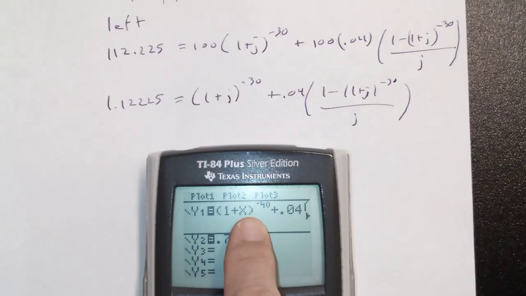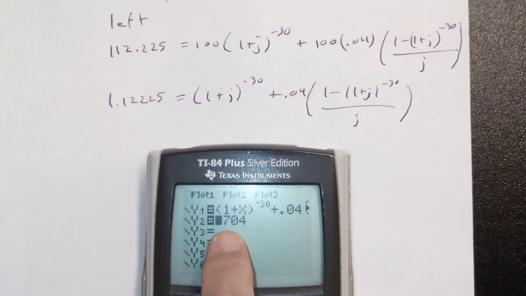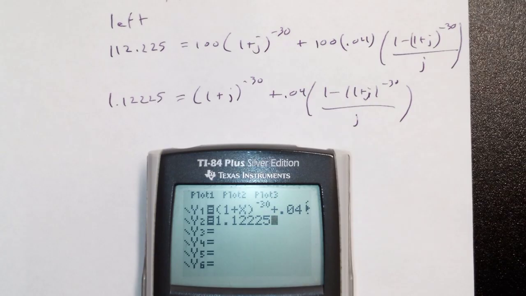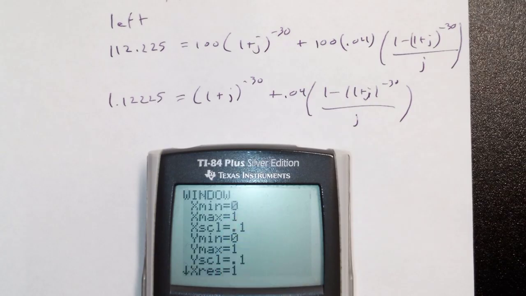So I go through and I change this equation. And instead of 40s, I now have 30s. And instead of 0.704, I have 1.12225. That value is bigger than 1. I need to go change my window.